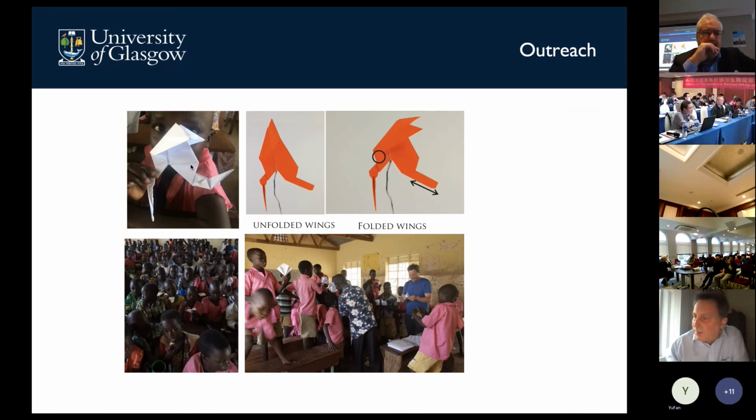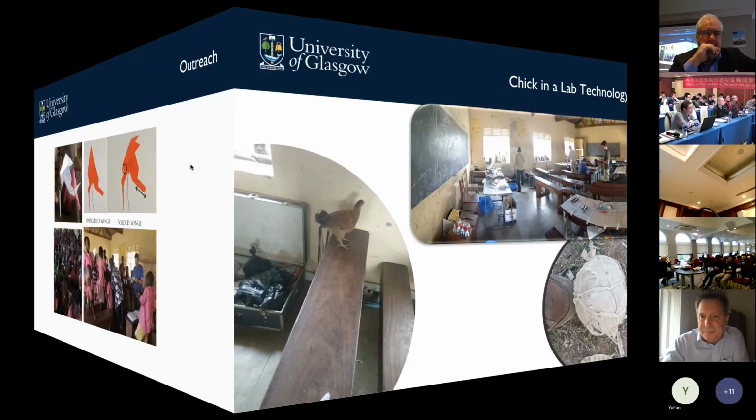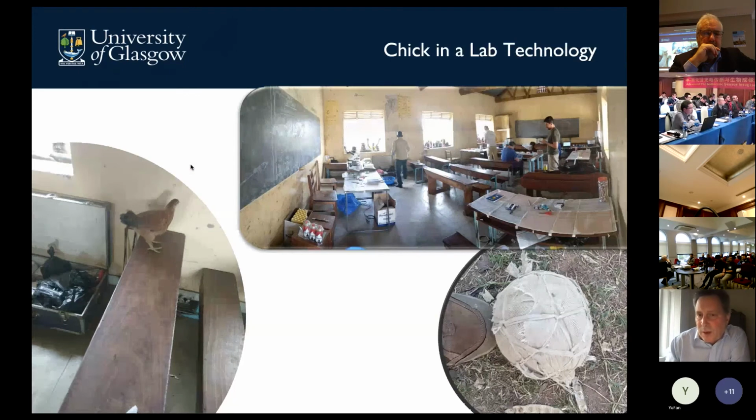So this idea of origami, which brings together the concept of the mosquito, the disease, and the diagnosis, is one which has received quite a lot of attention within Uganda. And then, of course, we all know about lab on a chip technology, but this is chip in a lab technology here. And you can see that we've got this little chicken that's come in to interrupt our studies.